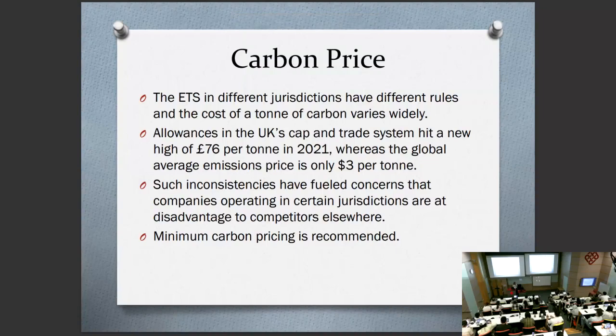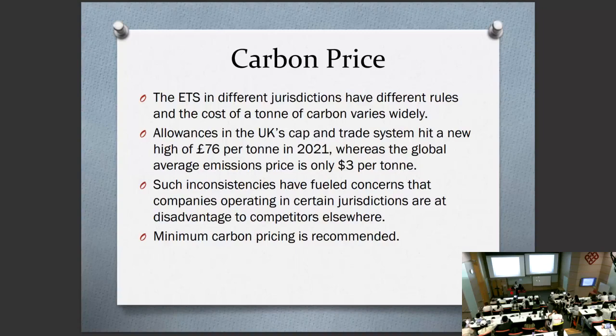So there would be a price for the carbon. For emissions trading in different jurisdictions, different regions and different countries have different rules, and the cost of a ton of carbon varies widely. So the price of one allowance would be different in different countries.